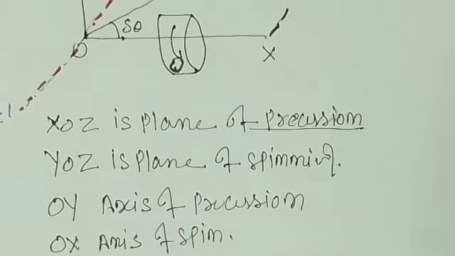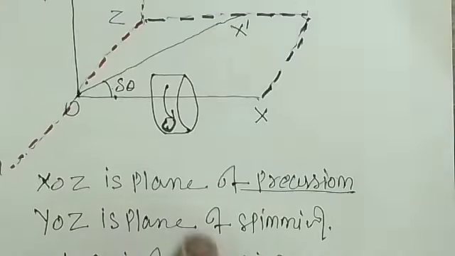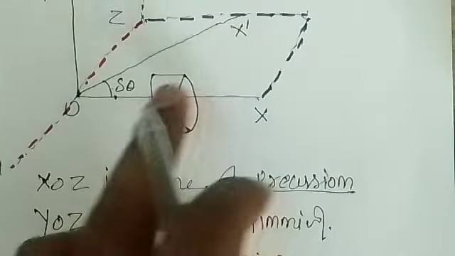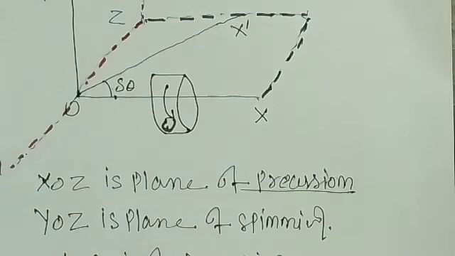Now we consider that one disc is rotating with an angular velocity of omega in the anti-clockwise direction. Now we need to find the angular momentum of this disc.